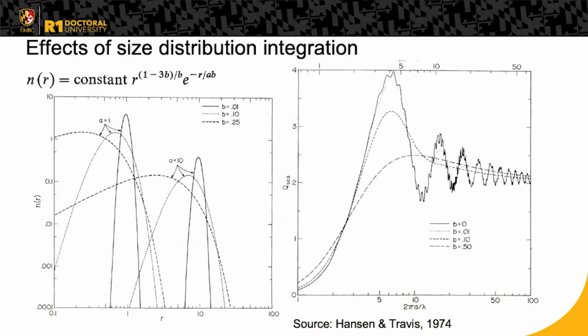And a few examples for this gamma distribution. Different a gives you different effective radii, right? And different b gives you different weights of the distribution, so that you can calculate the weighted scattering efficiency.